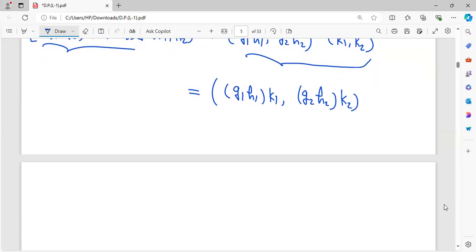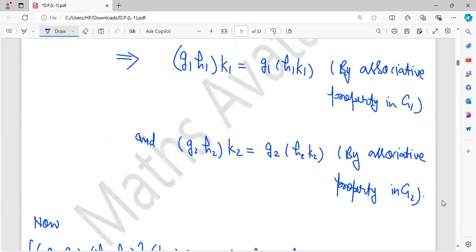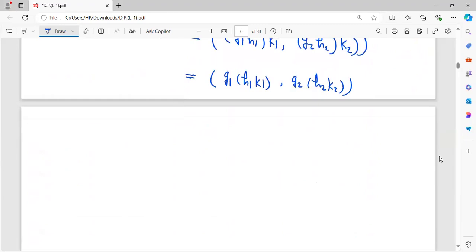Now what is this? We have already that this is equal to (g1(h1k1), g2(h2k2)) by this one, by this two. Okay, we have already this information, so we can use this pair.